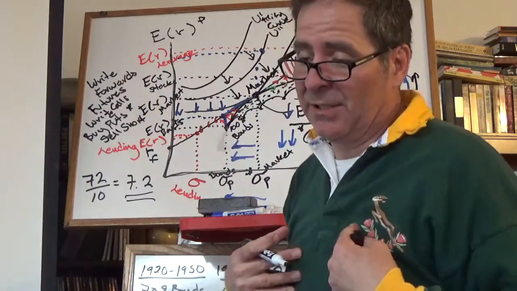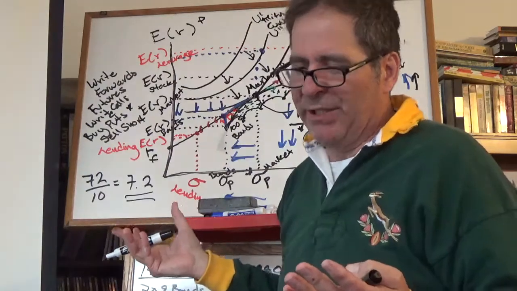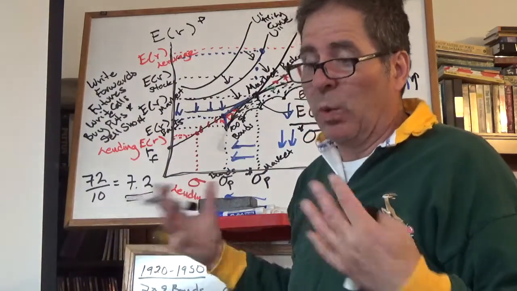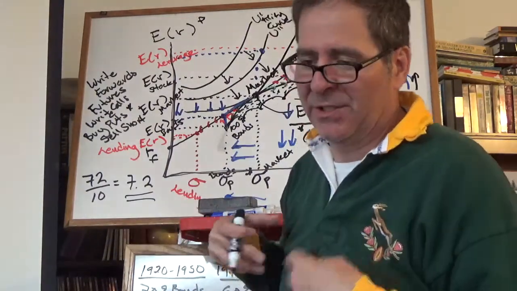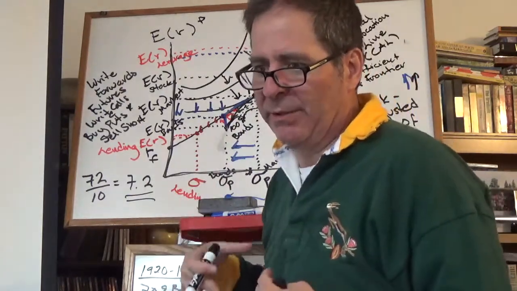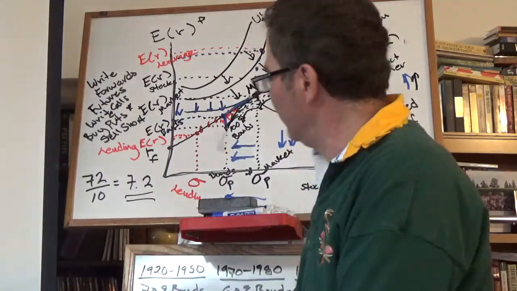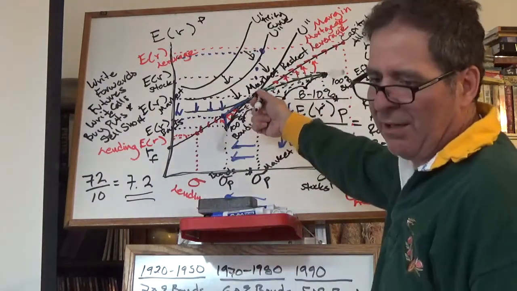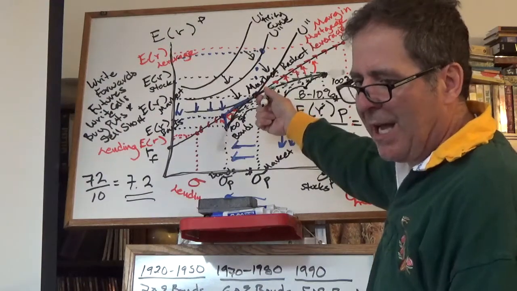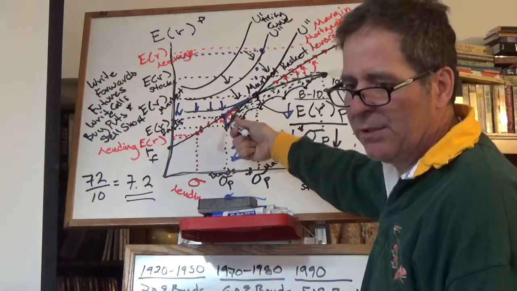So I'm willing to take on more risk to get a higher rate of return. Maybe I'm an investor where, hey, you know what, I really don't care about return. I'm just worried about risk. We just saw that with the negative interest rates. So I want less risk, and I'm willing to take less return. I'm going to sell off more of my stock and reallocate my portfolio more towards bonds.